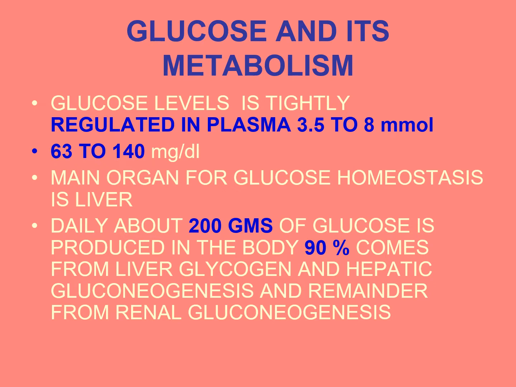Further, it forms glucose from other sources through a process known as gluconeogenesis. Daily, about 200 grams of glucose is produced in the body, of which 90% comes from the liver, that is the glycogen and hepatic gluconeogenesis, as I've already told you, and somewhat from renal gluconeogenesis, which contributes a little to it.